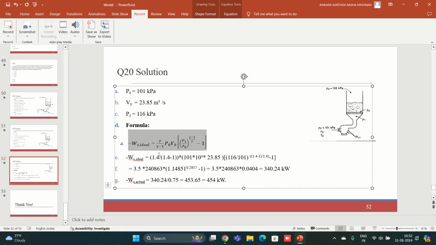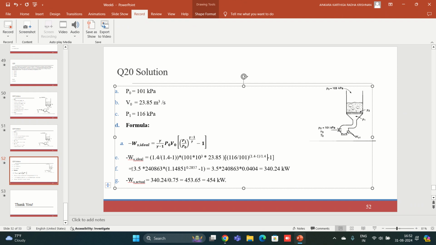W ideal is equal to gamma by gamma minus 1. Gamma is 1.4, so gamma minus 1 is 1.4 minus 1. P naught is 101 into 10 power 3, into 23.85 meter cube per second, and P1 by P naught is 116 divided by 101, to the power of (1.4 minus 1) divided by 1.4, that is 0.2587, minus 1.